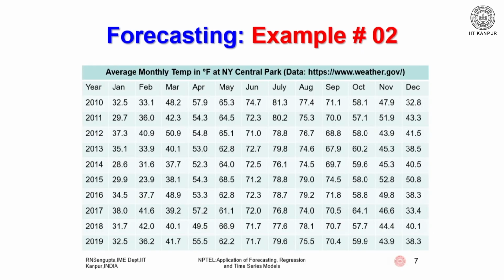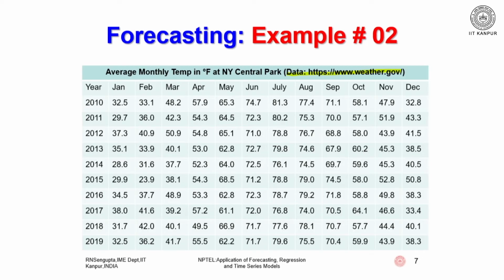The next data is the average monthly temperatures in Fahrenheit in New York Central Park, and just for information, the data is available at this website, www.weather.gov, and this is a table sort of thing.